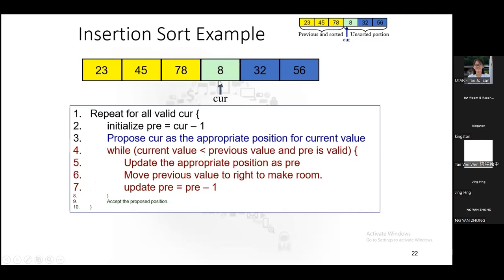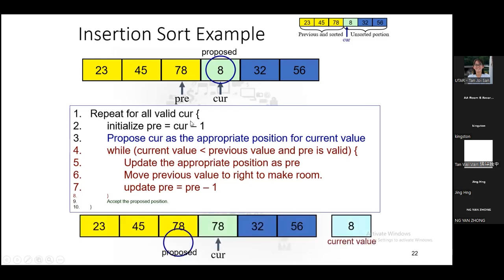If you look at the next one, it's probably more obvious that 8 would be the current position. Previous is 78, so this will be the proposed current position. Line 3 proposes the appropriate position for the current value.